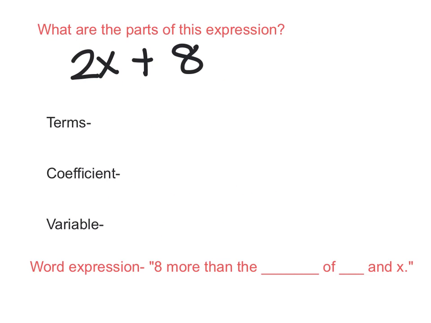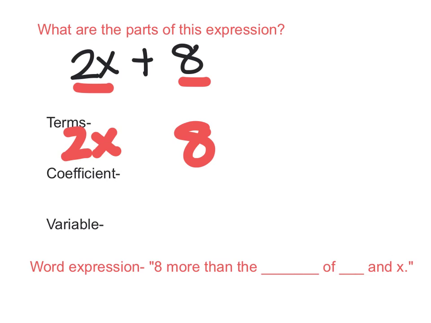So let's look at the parts of this expression. So first of all, where are our terms? Remember, our terms are what are separated by our addition or subtraction. So I'm going to go ahead and say that here's our addition sign. On the left we have 2x, and on the right we have 8. Those are our terms in this expression.